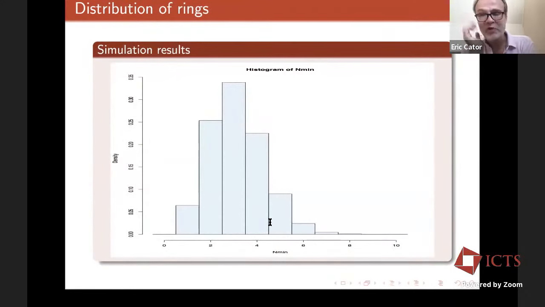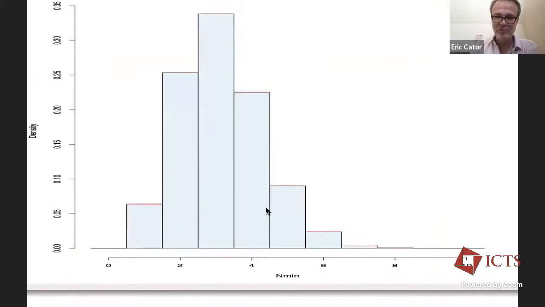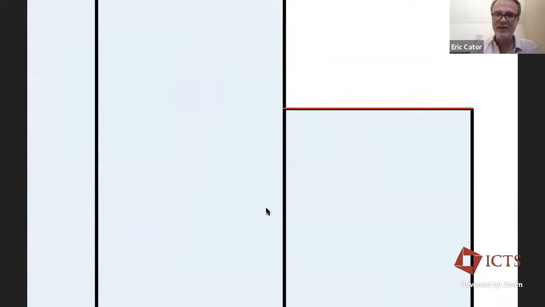Well, of course, I didn't believe it just like that. I did a simulation. I simulated for T is 100,000, I think. I found 130,000 rings. And I just calculated the number of minima, and you get this histogram. And then I took this P star distribution, and I calculated the probabilities of 1, 2, 3, etc. If you have a very good beamer, you will see some red lines here.